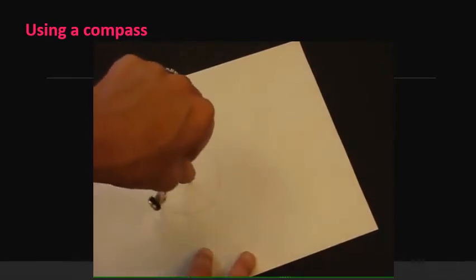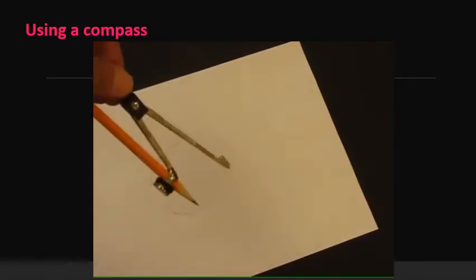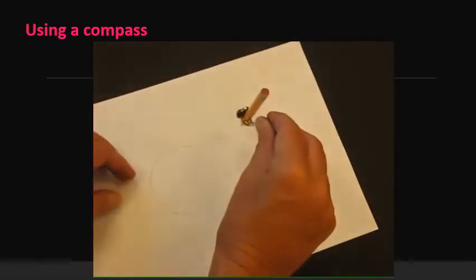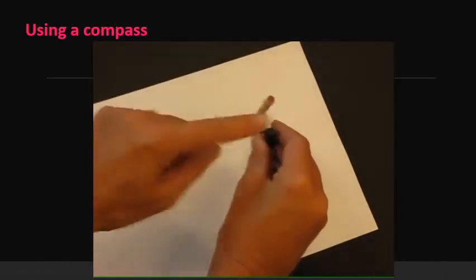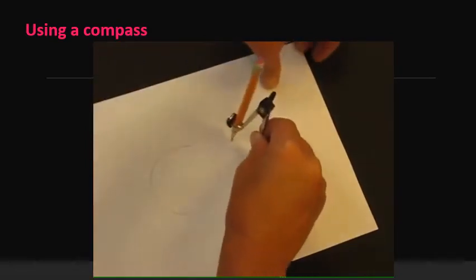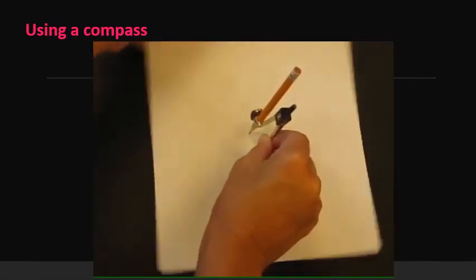I'm holding the handle at the top, but I'm putting pressure on the point and I'm turning the pencil around. But for those of you that are new to this, I would hold the point down and bring my pencil around, and actually by just holding the point down I can just turn my paper, and there I have drawn two circles.